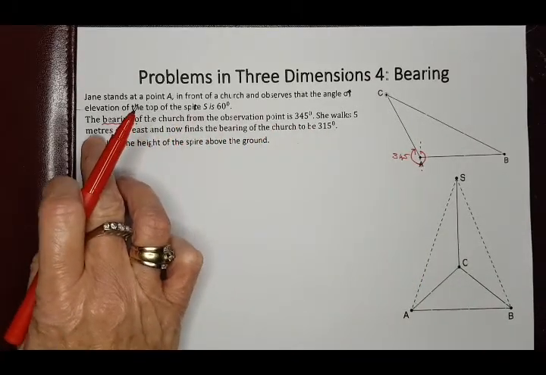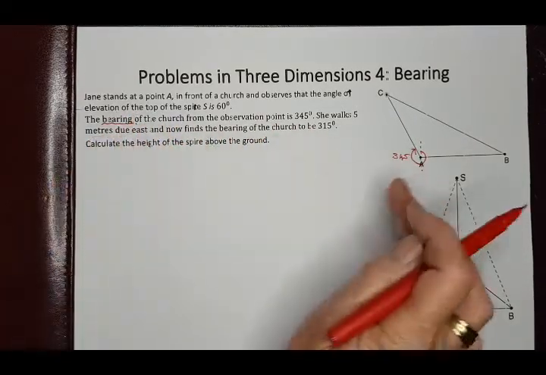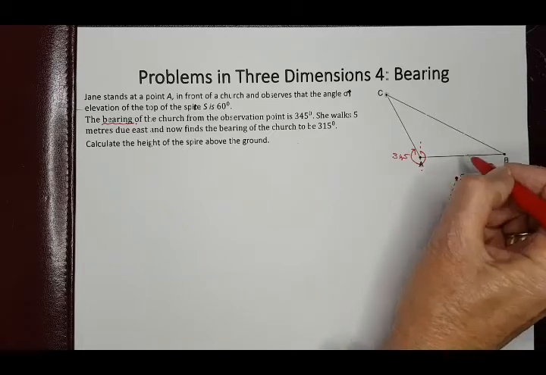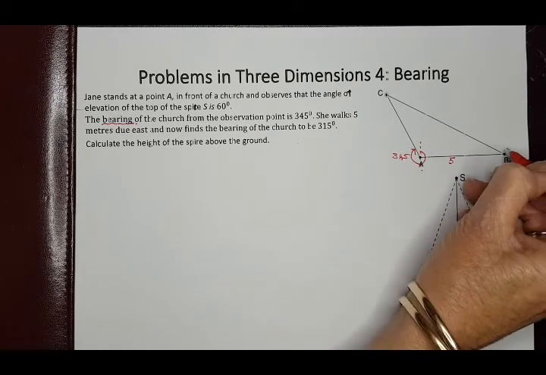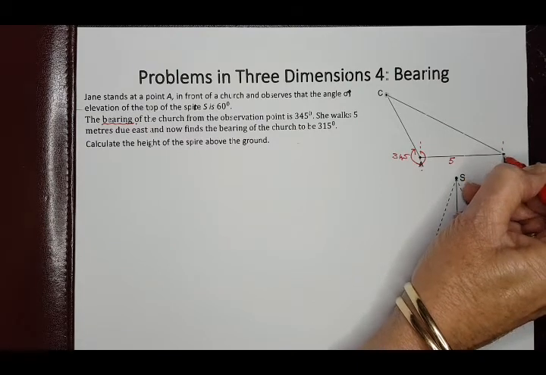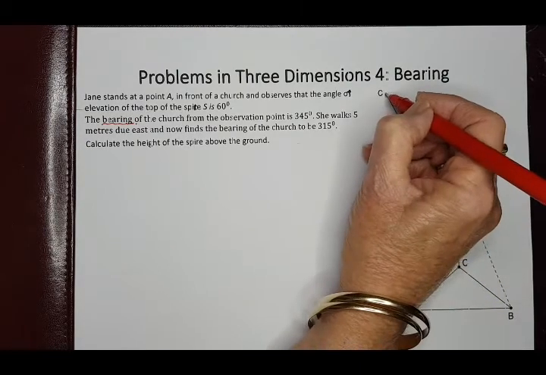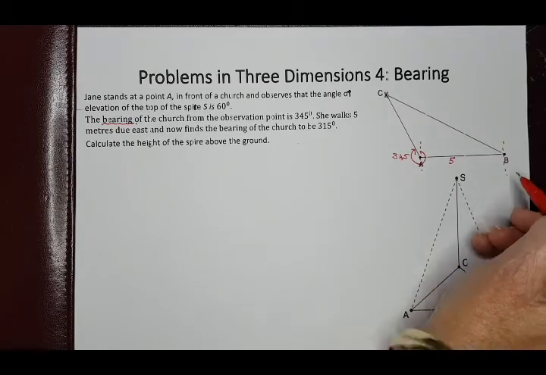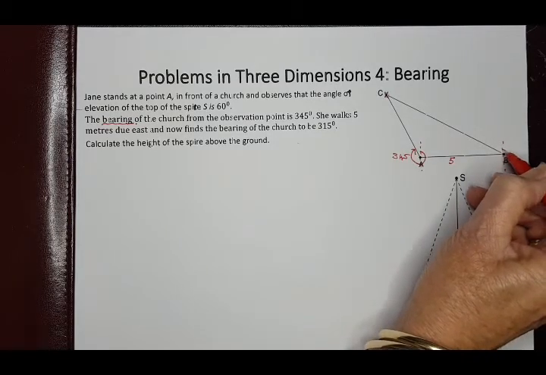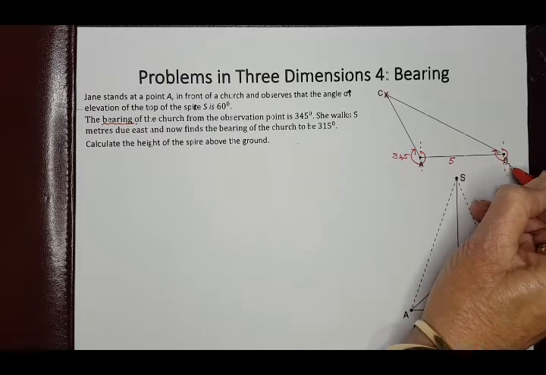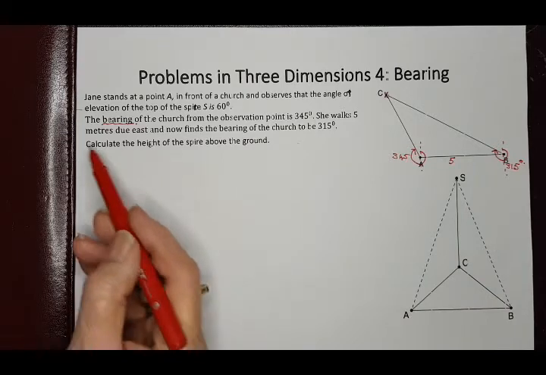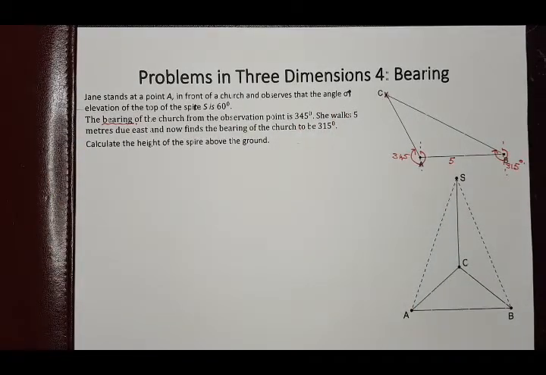She walks 5 meters due east and now finds the bearing of the church. I've called C, C is where the church is. This bearing is going to be 315 degrees.